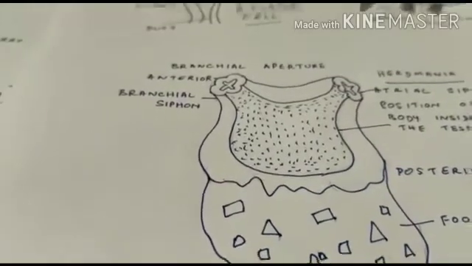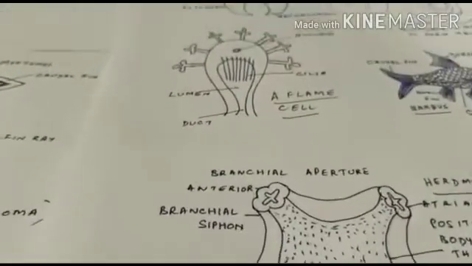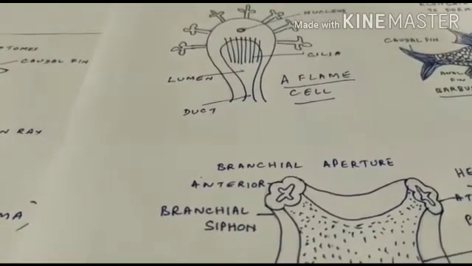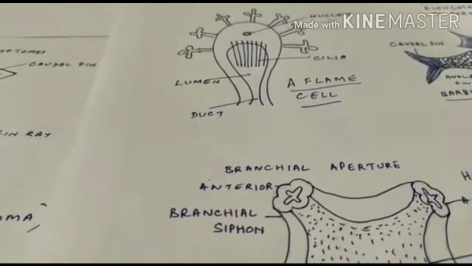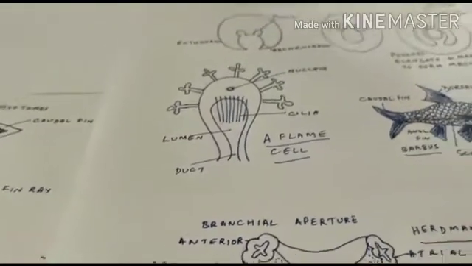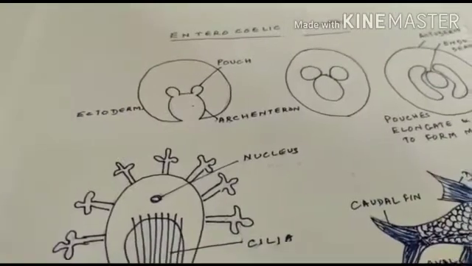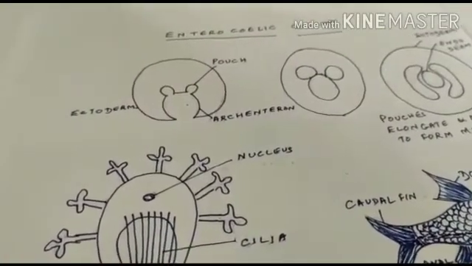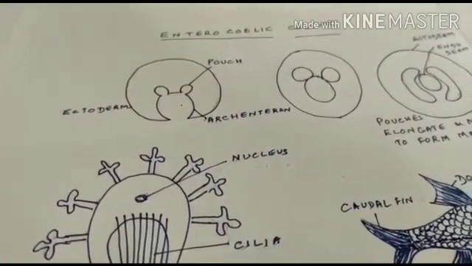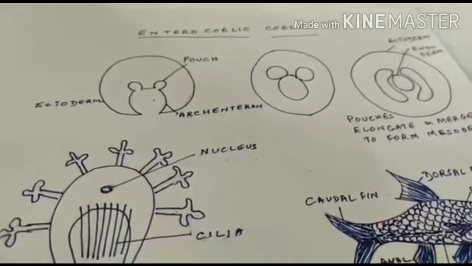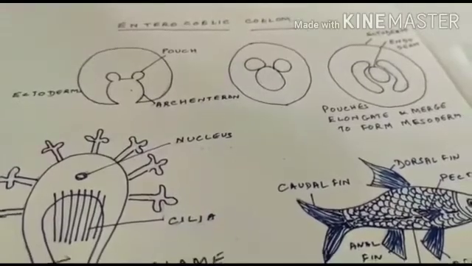So first of all, in case of invertebrates, we find that the points of similarity are: one is the enterocoelic coelom. Now, in case of the enterocoelic coelom, we understand that the coelom is formed by the pouches which are given out by the archenteron, and these pouches later on elongate and merge to form the mesoderm.